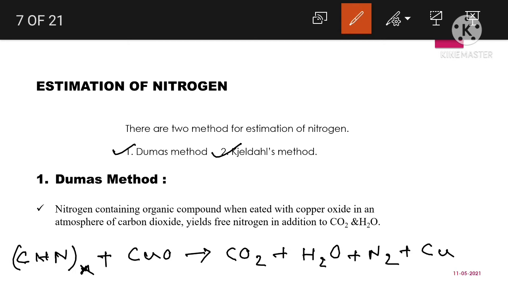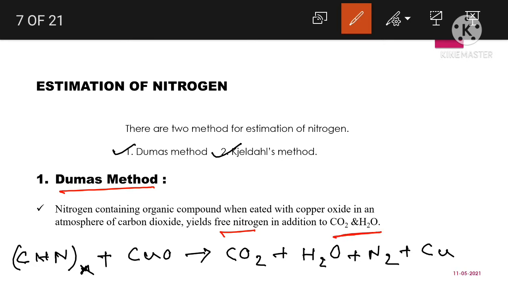So coming to the Dumas method. A nitrogen containing organic compound, when heated with copper oxide in an atmosphere of carbon dioxide, yields free nitrogen in addition to carbon dioxide and water.